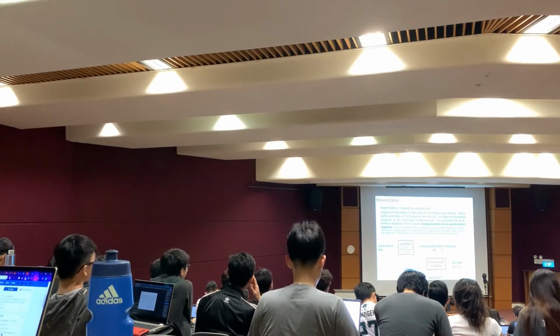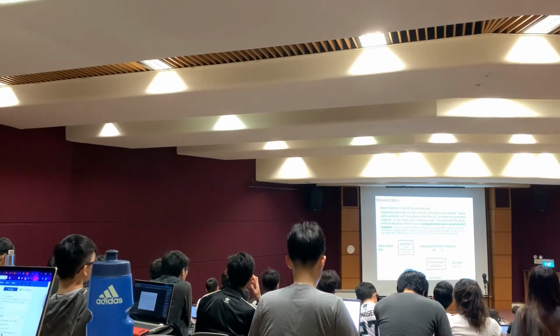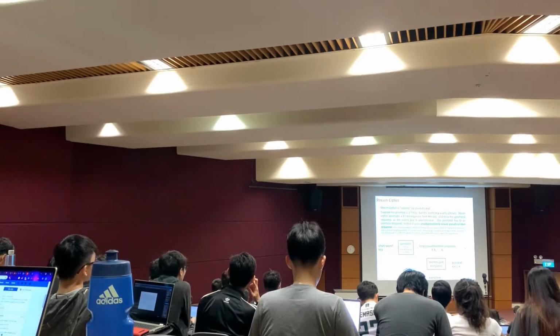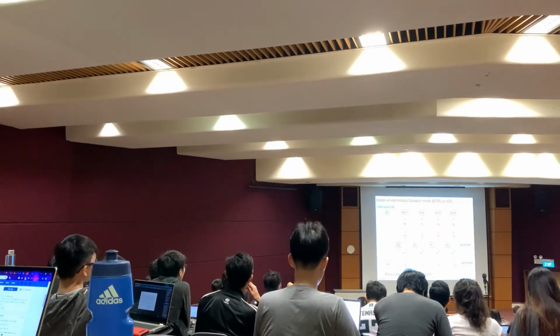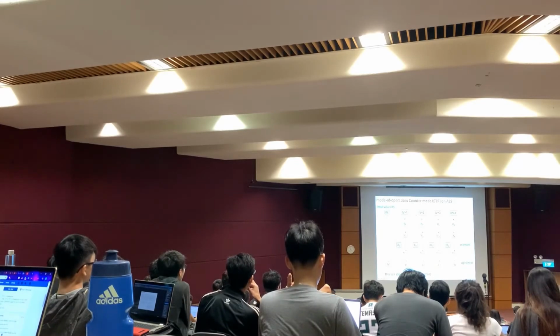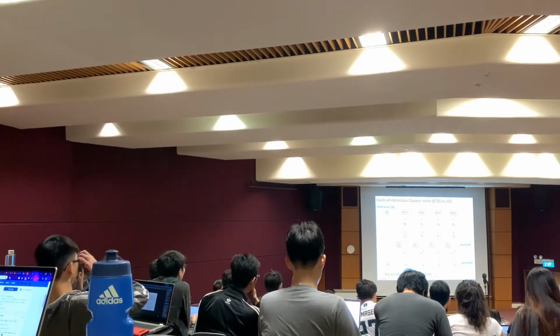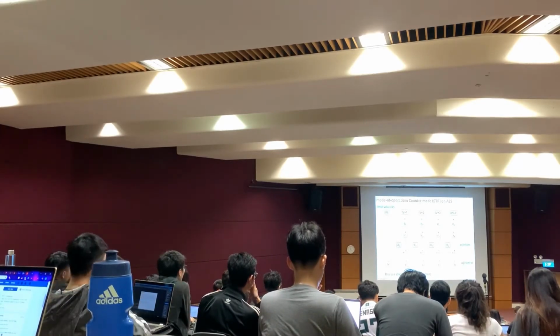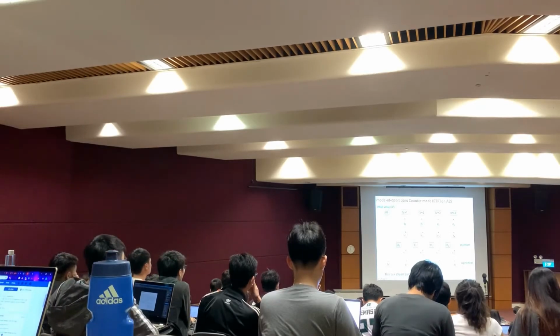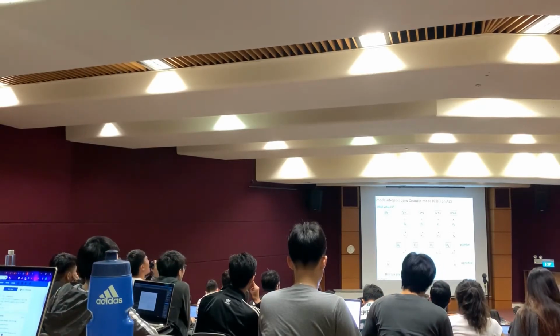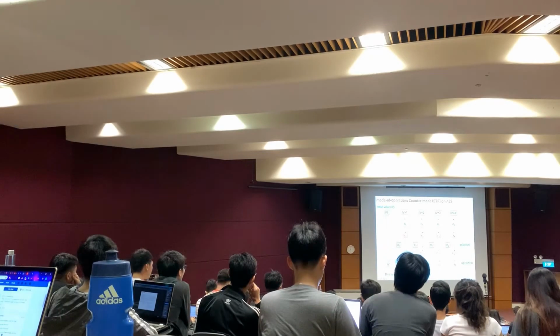Then you use this as the one-time pad key to XOR with your plaintext. Look at this picture. You take the key, generate a very long pseudo-random sequence, and then XOR with the plaintext.